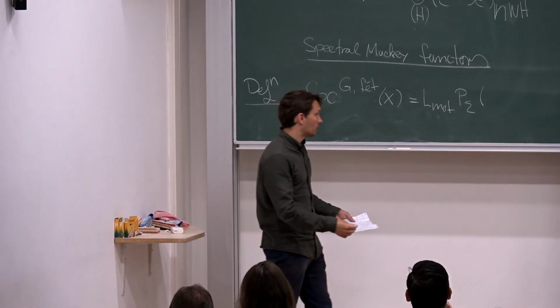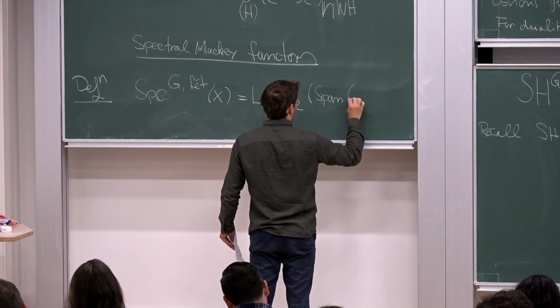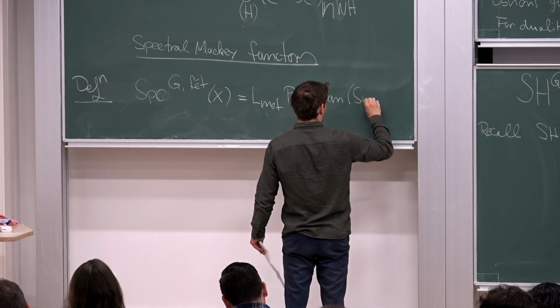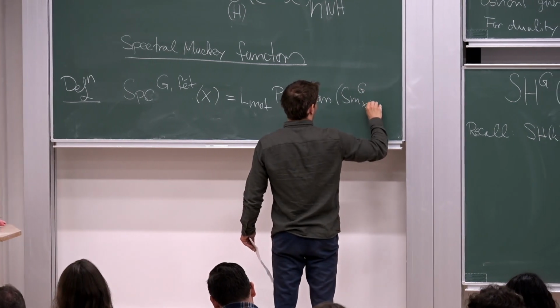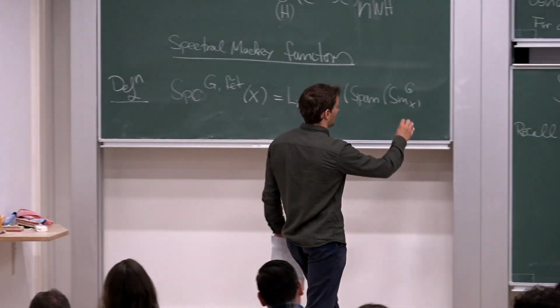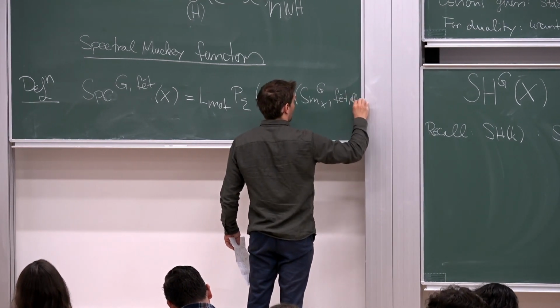So this is going to be a 2-1 category of spans. And the objects are the smooth G schemes, X schemes with the G action. And then the backwards arrows are going to be the finite étale morphisms. And the forward arrows are whatever you want.